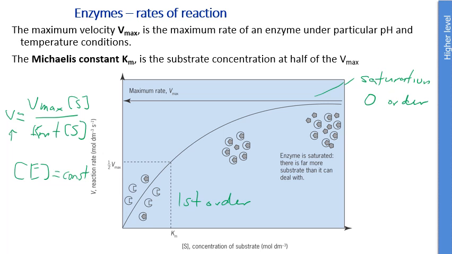Since Vmax is limited to the number of available active sites, it must be proportional to the enzyme concentration.